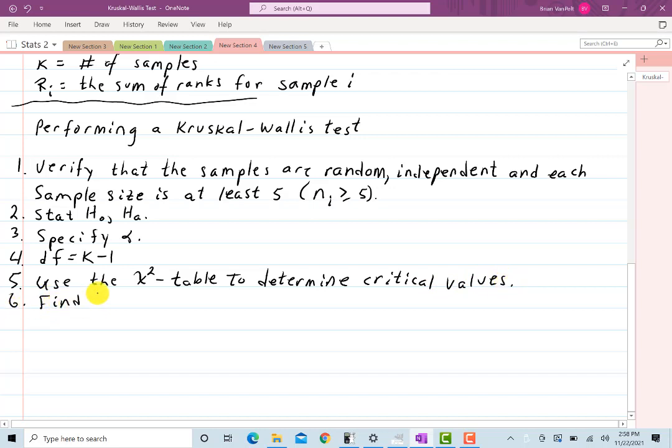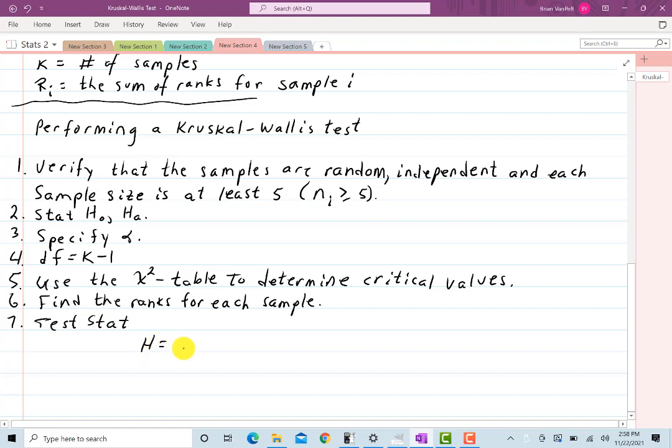6. Find the ranks for each sample. 7. Let me put it to remind you, the test stat.